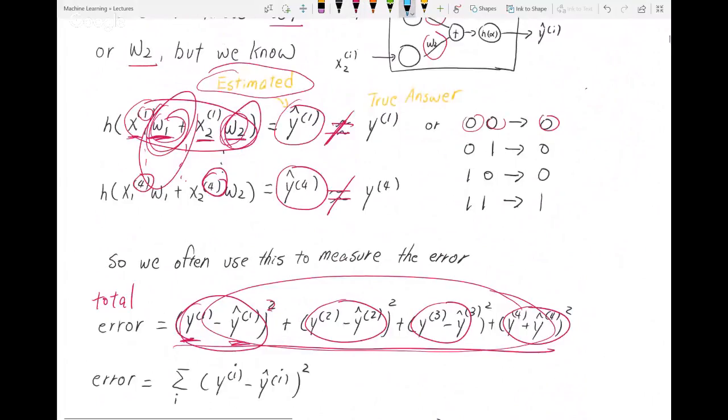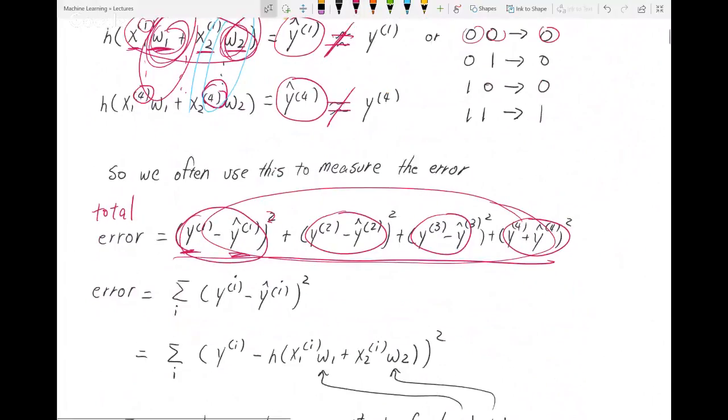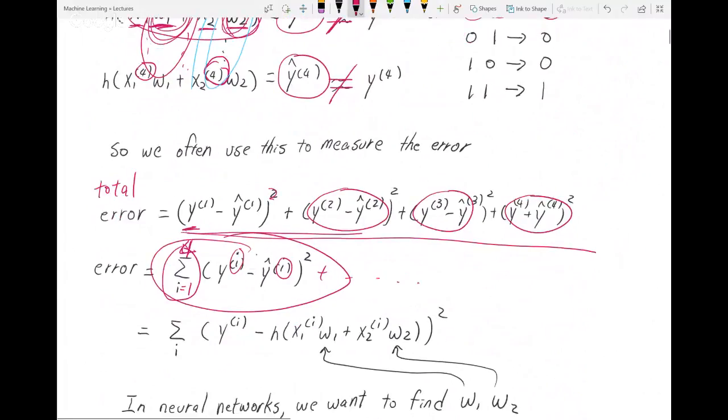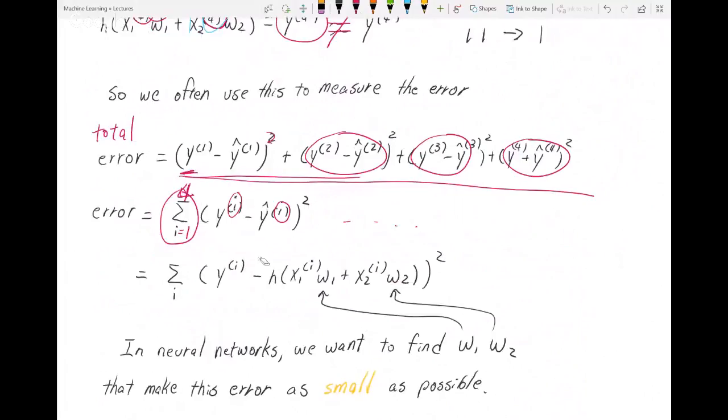Of course, you don't want to have to write this long thing. What if we have a lot of signals? So we'll compress them into a summation, i from 1 to n. In our case, n is equal to 4. We keep changing the i and we keep adding them together. That is pretty obvious. And of course, this part right here was the estimate.